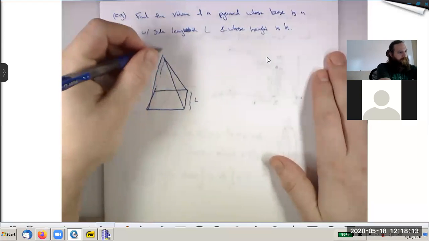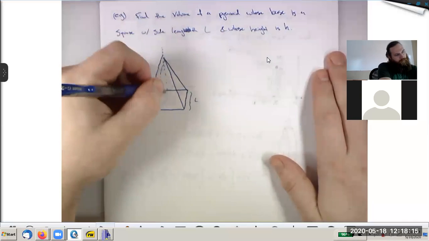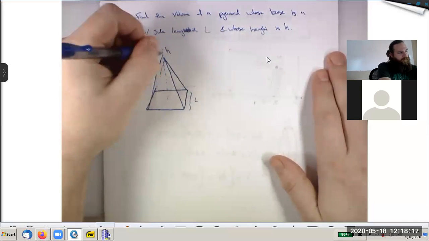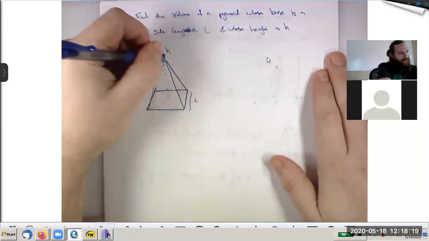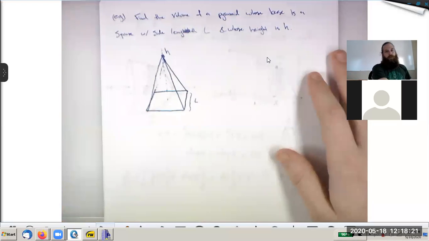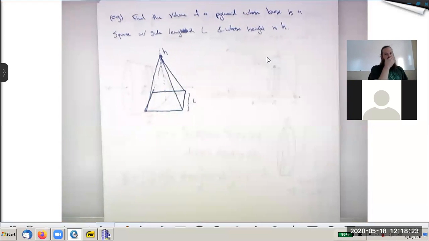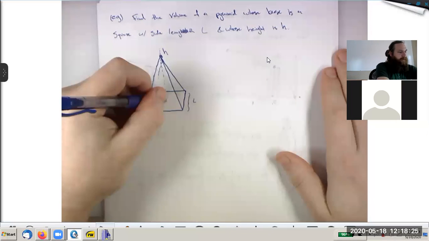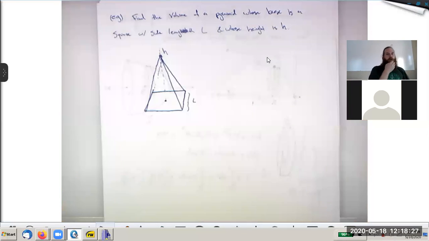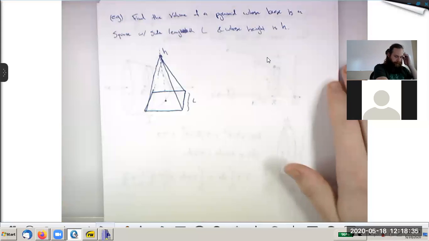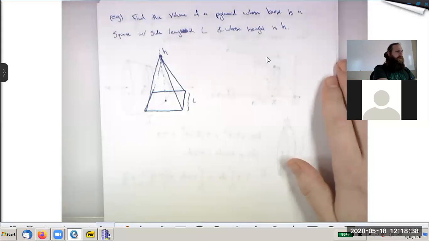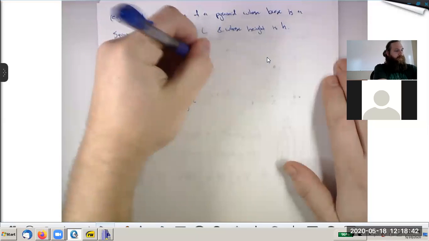And the height here is H. All right, something like that. So that's my pyramid. I want to find its volume. The trick to doing this is going to be to turn the thing on its side and running an axis through it. Now you don't really need to turn it on its side, but it's just easier to draw that way.